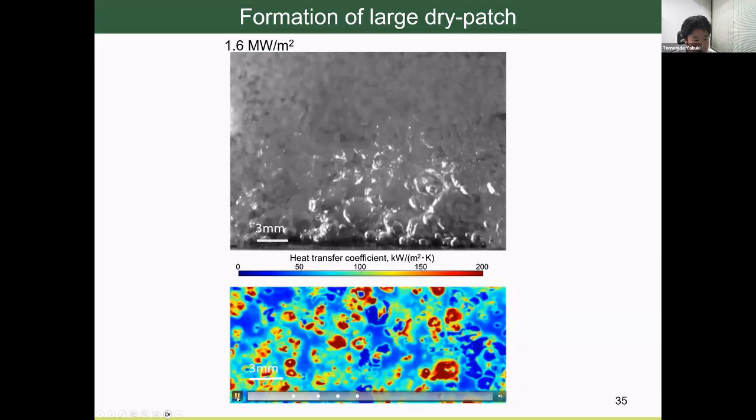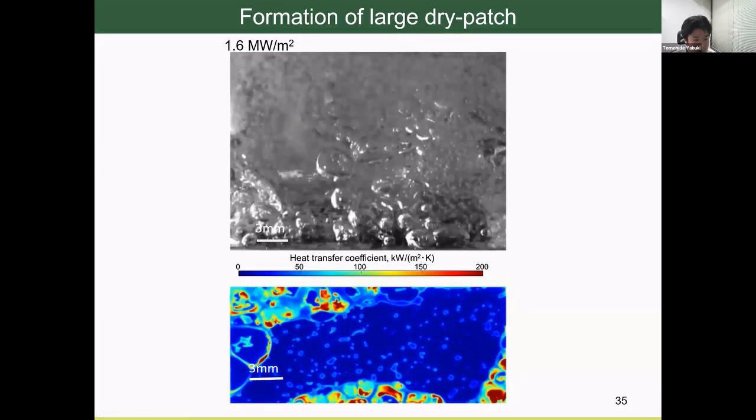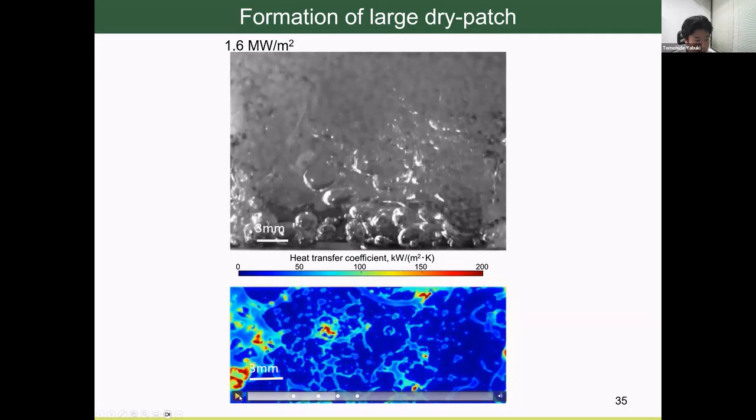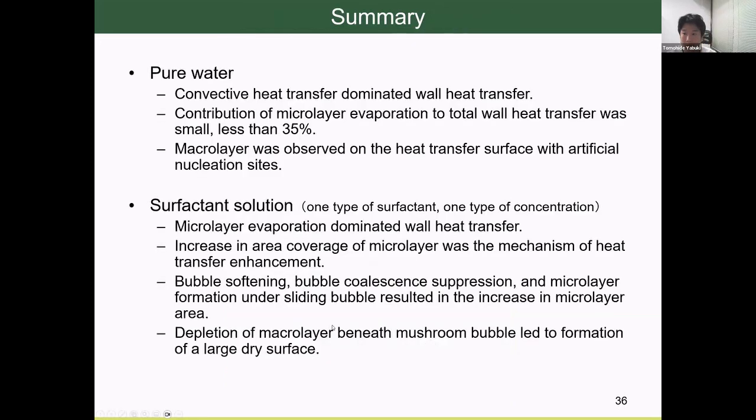After this, the depression of the macrolayer results in the formation of a large dry surface under the large mushroom bubble. So we couldn't observe the boiling crisis process. However, we found that microlayer depression leads to the formation of large dry patches, as in the case of pure water. And let me summarize my talk.